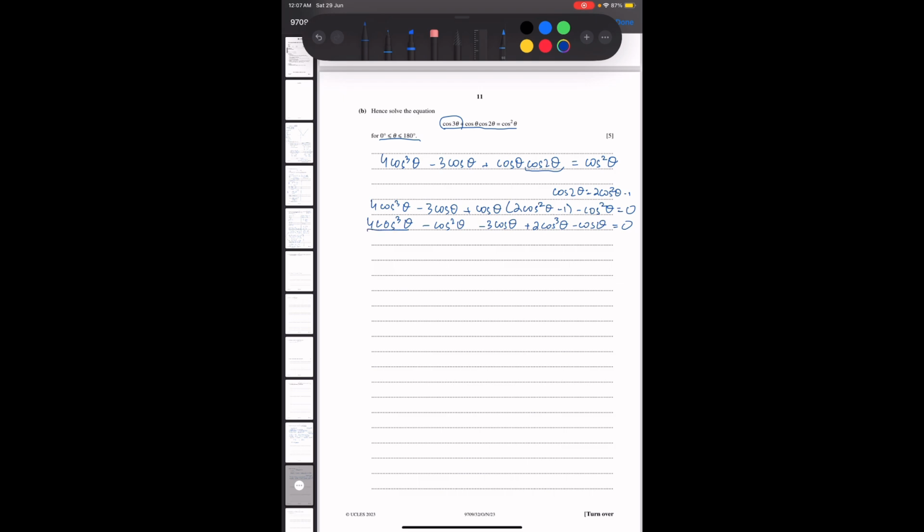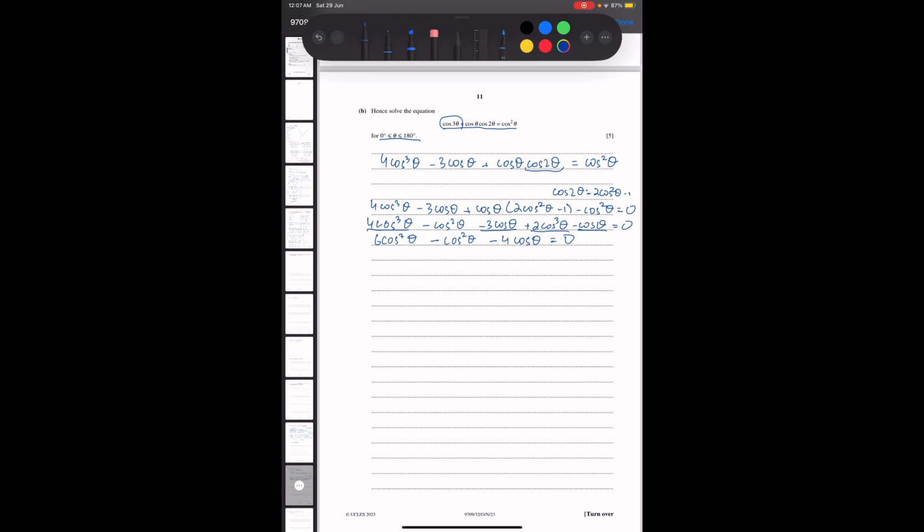So 4 cos cube theta and 2 cos cube theta becomes 6 cos cube theta, then minus cos square theta, and then minus 3 cos theta and minus cos theta becomes minus 4 cos theta is equal to 0.